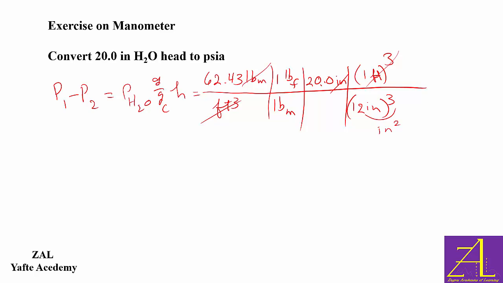So pound mass cancels out, so the result would be pound force per square inch, which is psi, and since this is absolute, that will be psia, and the result would be 0.7225. The last digit is 2 because of the 20, therefore I will have 0.722 psia. Actually, we will have 7.23 psia.